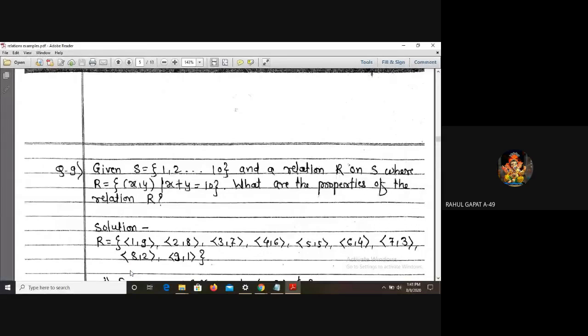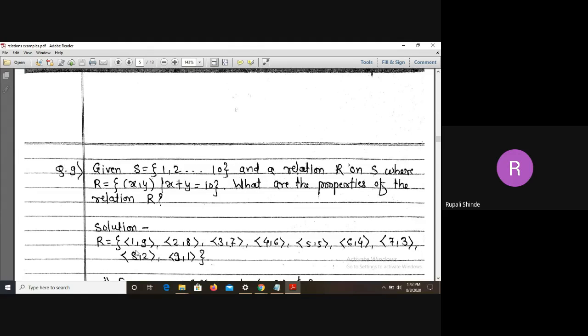It includes, for every order pair A, B, the pair B, A. If A, B is there in relation R, it must include B comma A. Then only we can say that it satisfies the symmetric property. So here 1 comma 9 is here, so 9 comma 1 is also here. 2 comma 8, 8 comma 2, then 3 comma 7, 7 comma 3, 4 comma 6, 6 comma 4. So all such order pairs are here. That's why relation R satisfies the symmetric property.